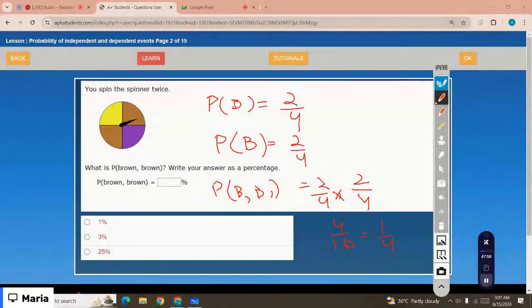The answer is 25%. Option number 3 is the correct option. The correct option is 25%. Got it?